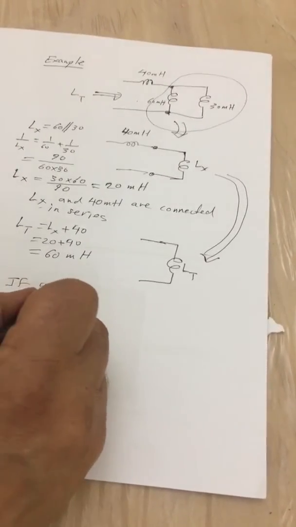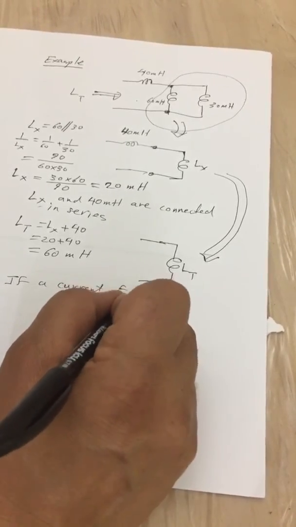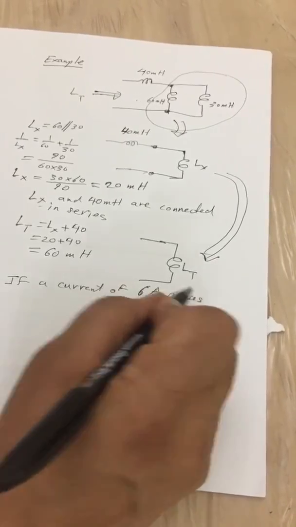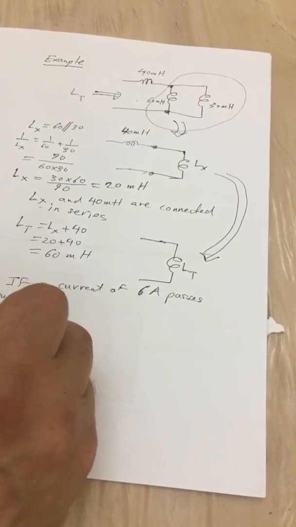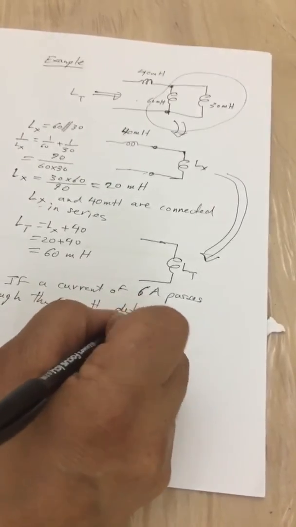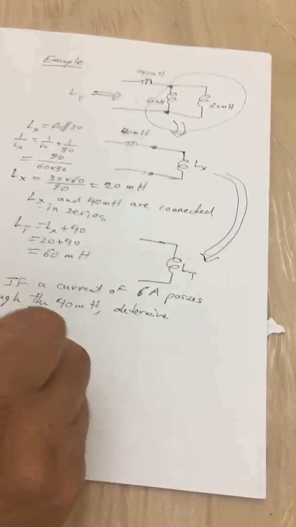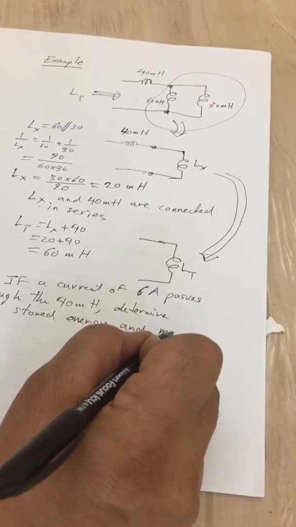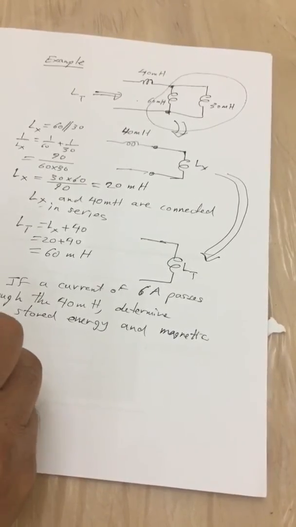If a current of 6 ampere passes through the 40 millihenry, determine the stored energy and magnetic fluxes.